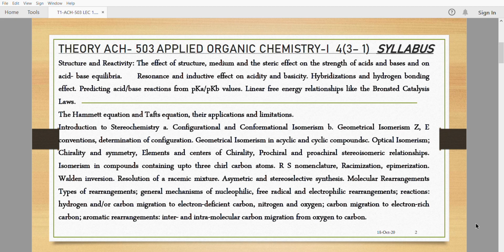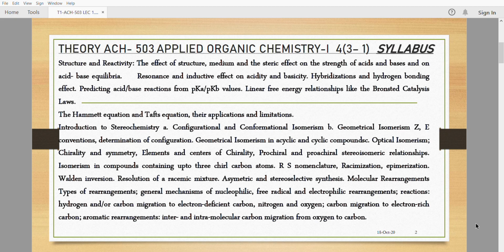They are single bonded compounds, and configuration is when they are double bonded, rigidity is present.